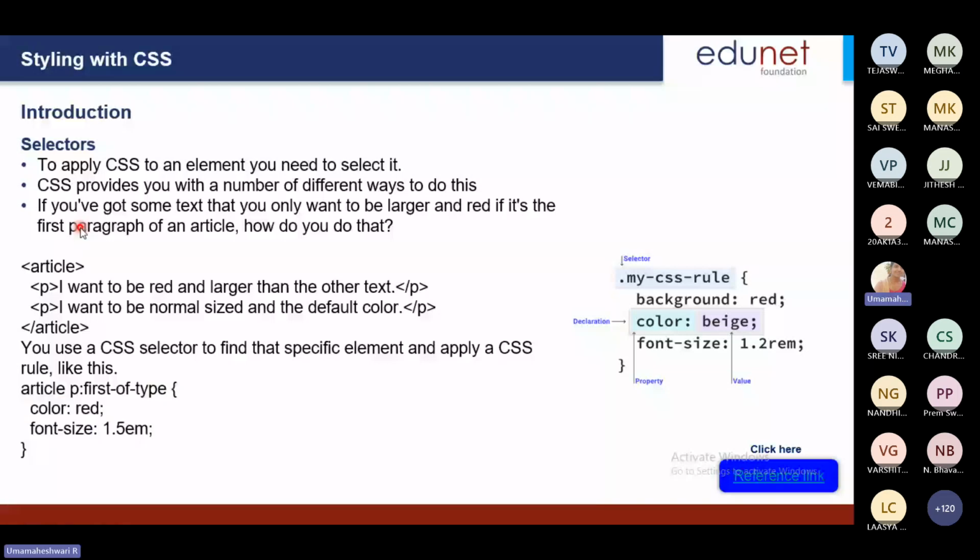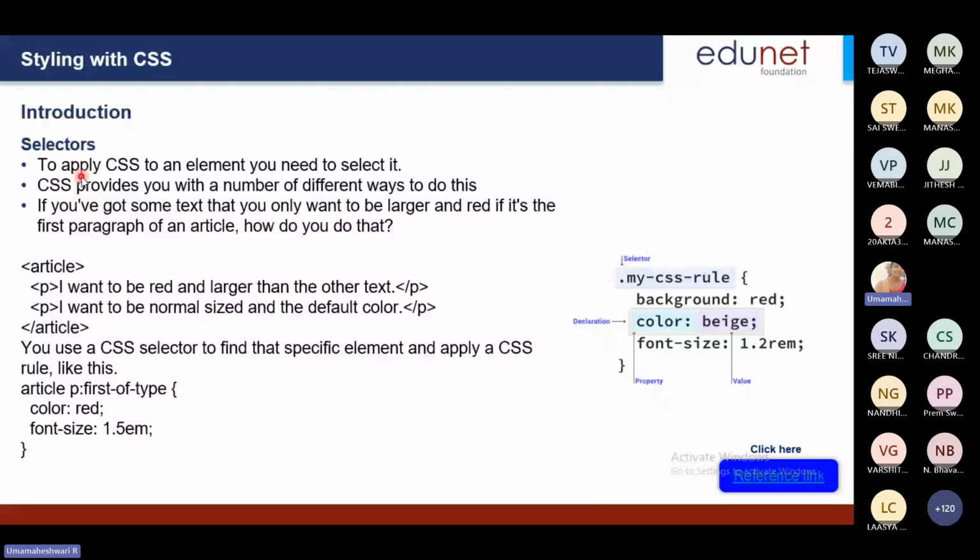Okay, so selectors, if you say like to apply CSS to an element, you need to select it, right? Let's consider again the Word document. In a Word document, I'm giving my name as Uma, and I want to make some color.